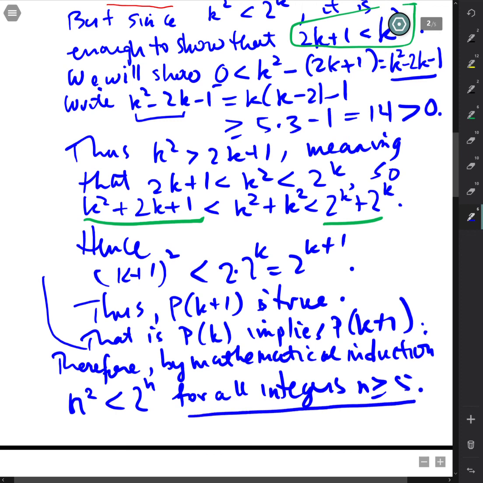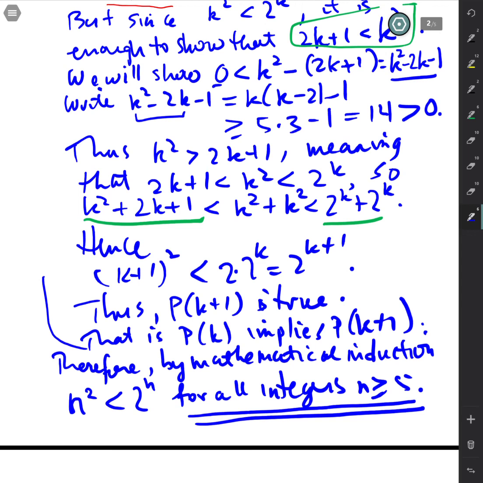Okay, and again, as I've emphasized, that's the only time we have that for all integers with a certain condition, this time n greater than or equal to 5. Okay, well, in the next video we'll do something called strong induction, another variation on induction.